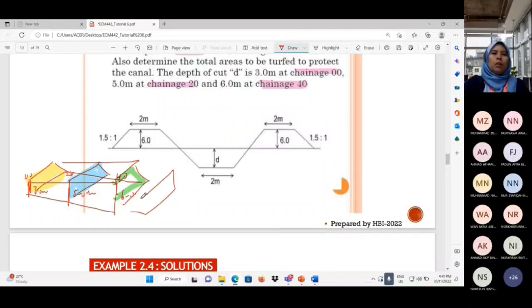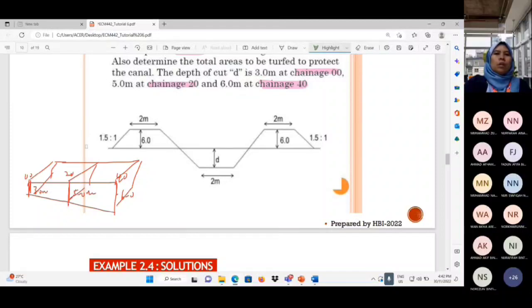Dah embankment ni, bentuk dia macam ni. So, I use the color.